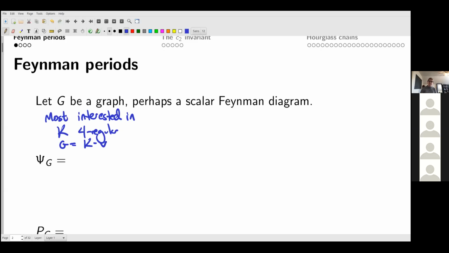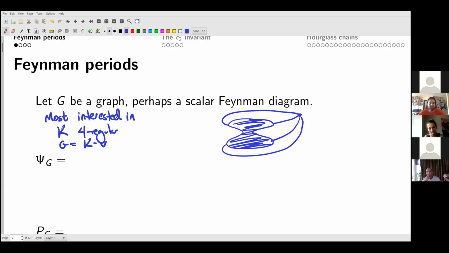Those are my very favorite graphs because I want to think of them as scalar Feynman diagrams. So here's a whole bunch of graph, and if this was K, here's a vertex, another vertex, another vertex, and there's just more graph in here, then what do I want to think?